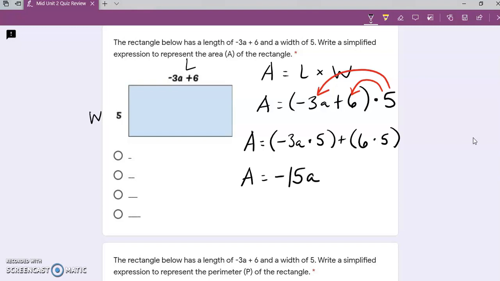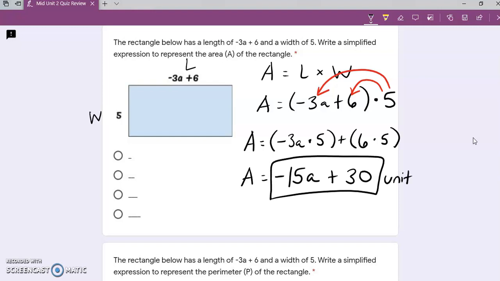And a 6 times 5 is a positive 30. So this would be my final answer. Again, they're not asking me for the units, but if I was asked to give the units, I would put units squared because it's area that I'm looking for. I'm trying to find area here.